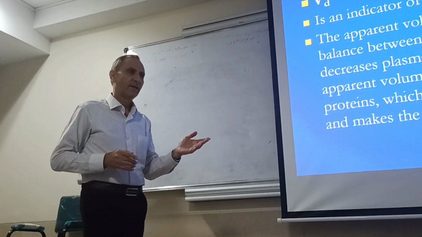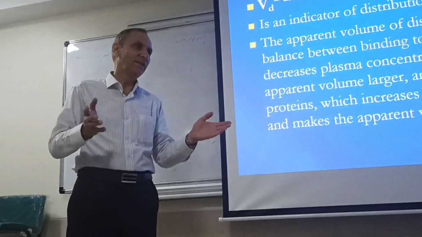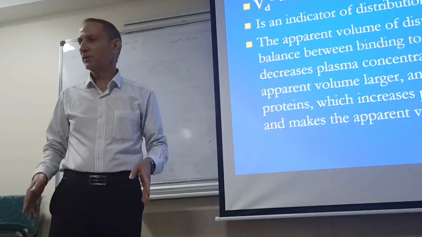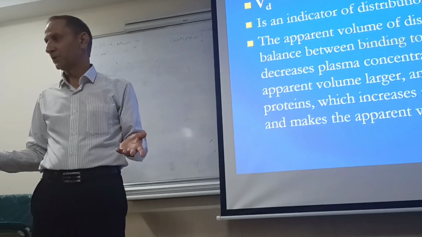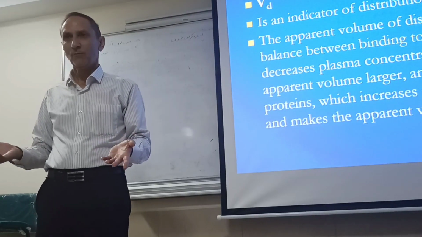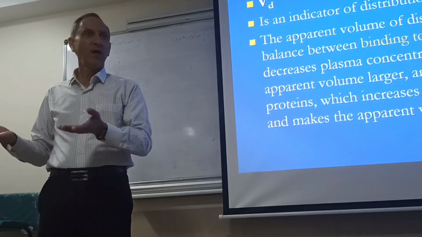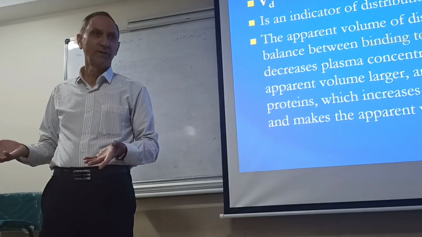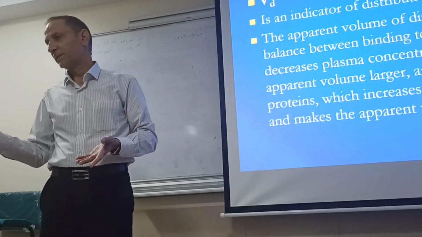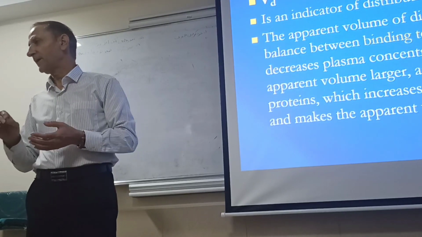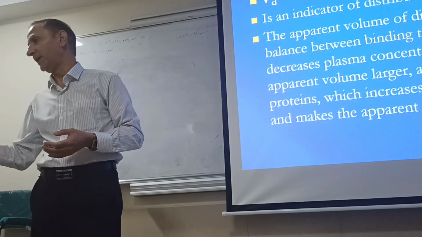In the body, it is completely different. Some part of the body is bone. The drug may not reach the bone. A part of the body is fat tissue. Lipophilic drugs have a tendency to accumulate in fat tissue.